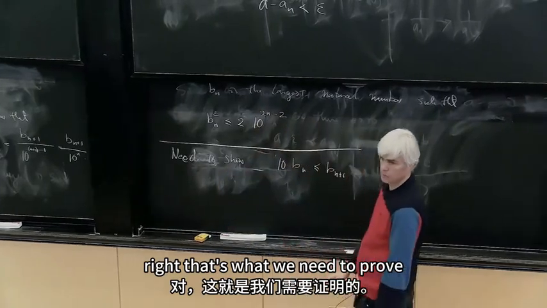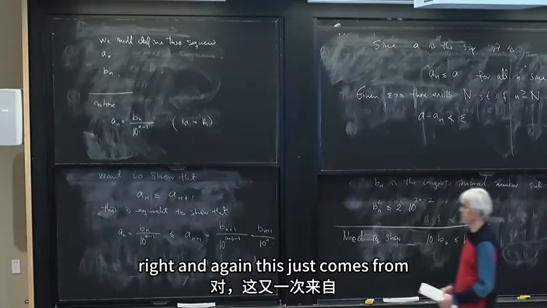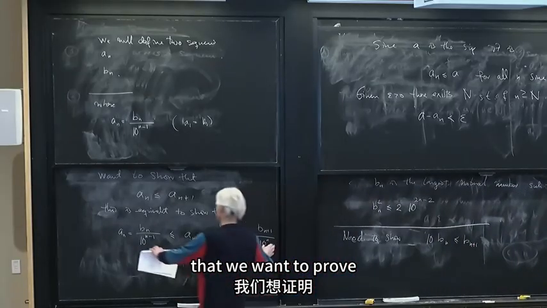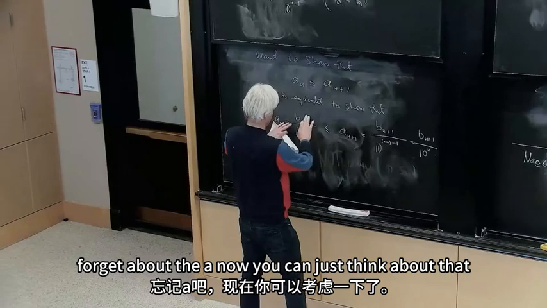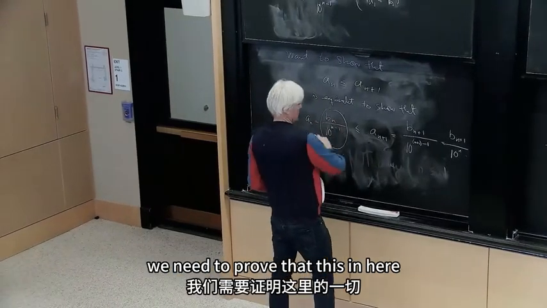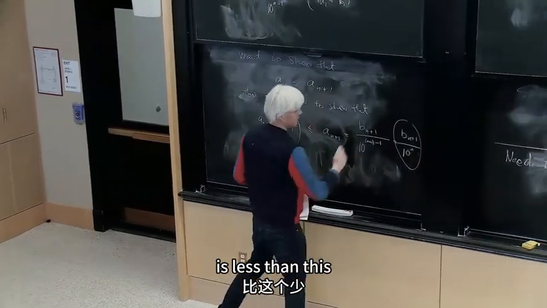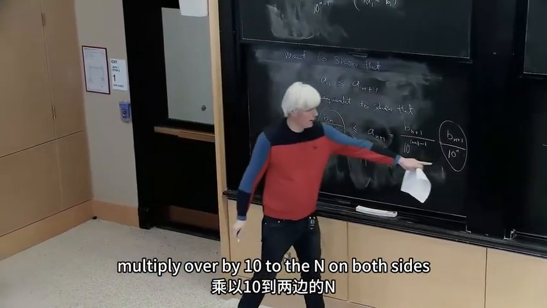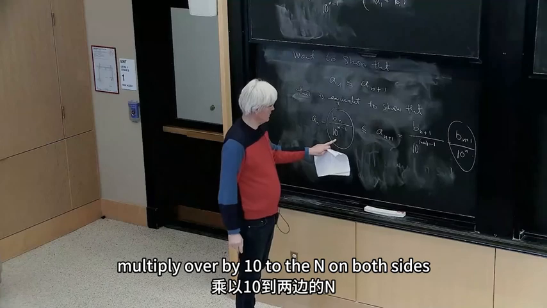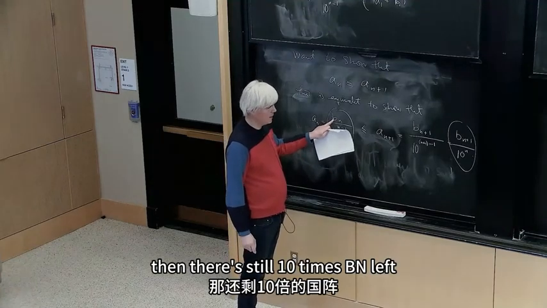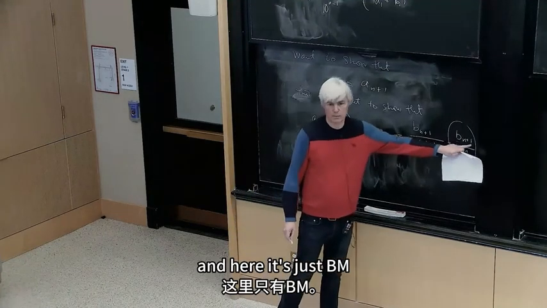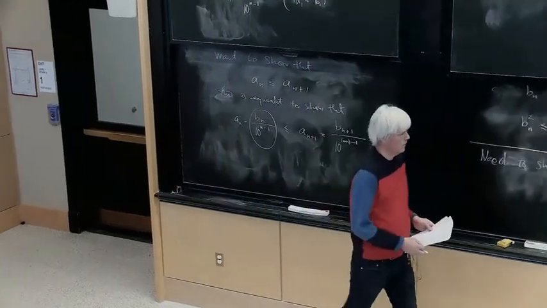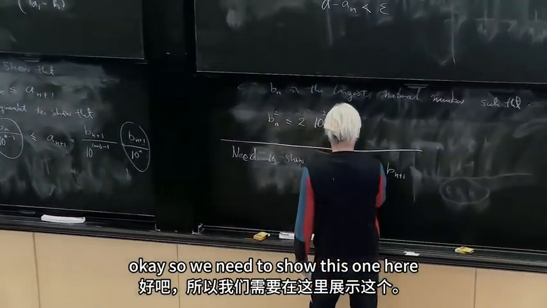That's what we need to prove. Forget about the A now: multiply by 10 to the n on both sides, then there's still 10 times Bn left, and here it's just Bn plus 1. So we need to show this one here.